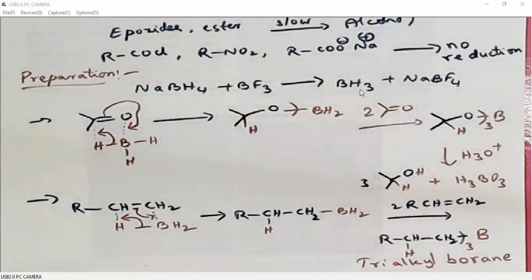First, we will see how the double bond or triple bond will be reduced with borane. When we add boranes to alkenes, they will generate alkyl boranes. If one alkyl is there, it is an alkyl borane. If two alkyl groups are there, it is a dialkyl borane. If three alkyl groups are there, it is a trialkyl borane.